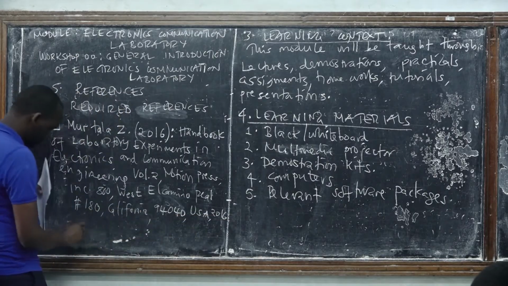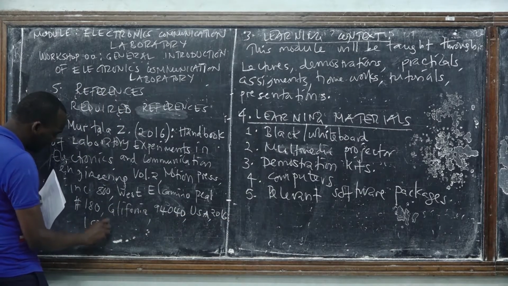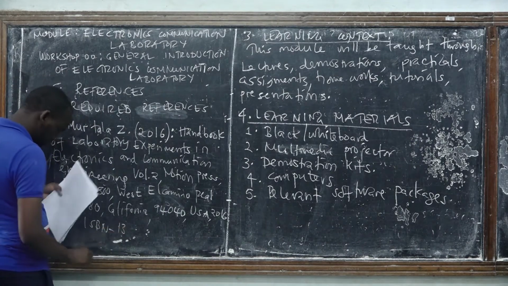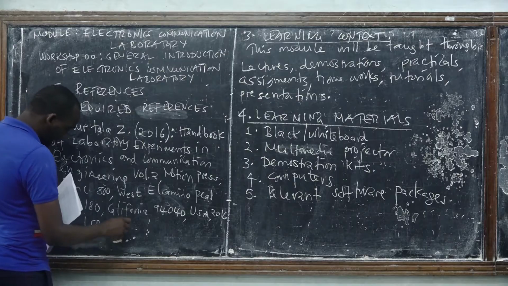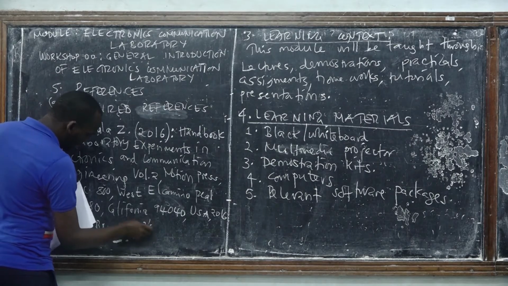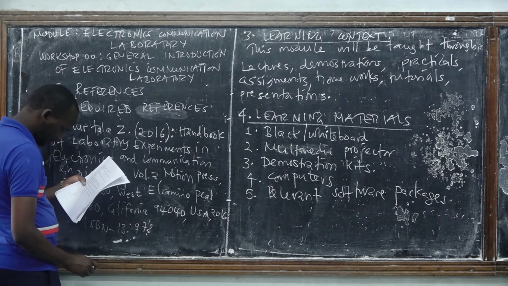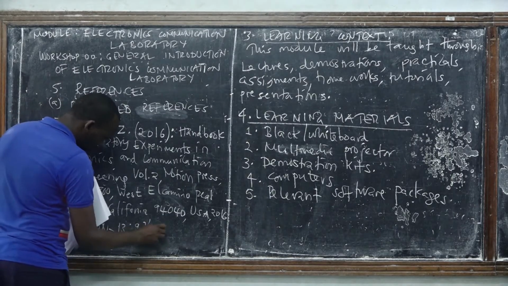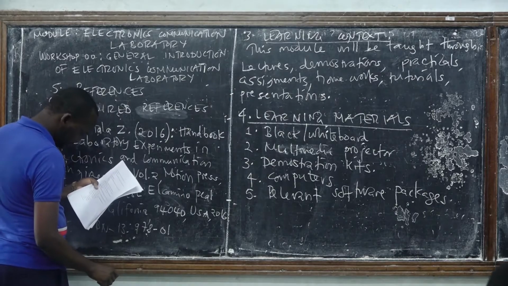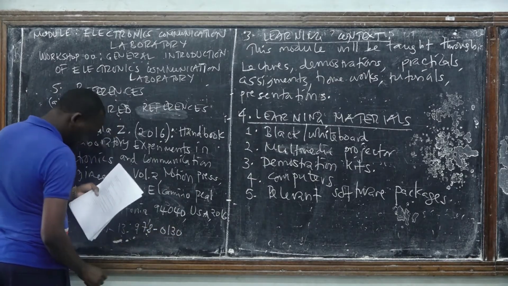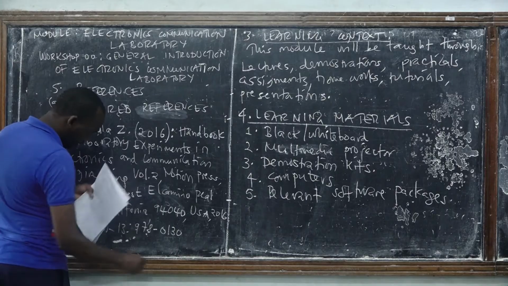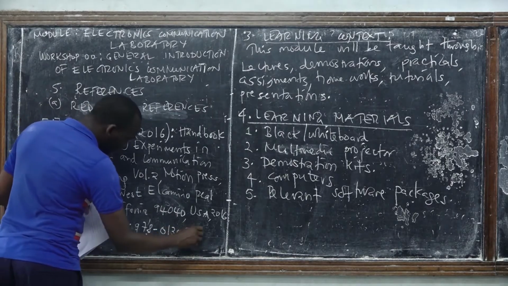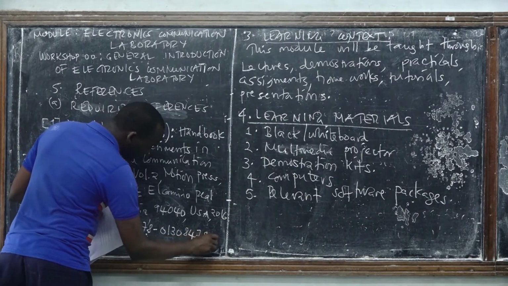Dot. Then we have something called ISBN. This is a unique number. ISBN 13: 978-0-13-084781.